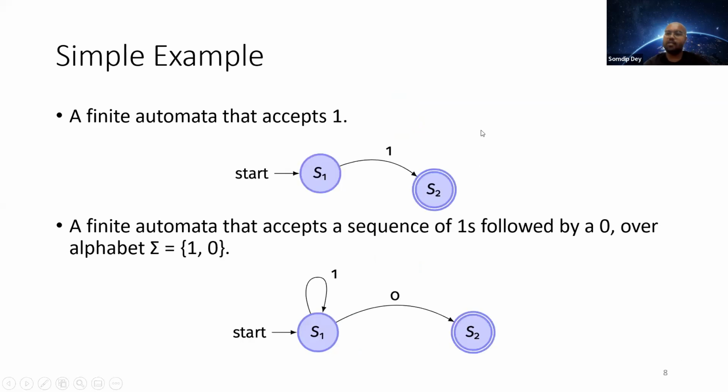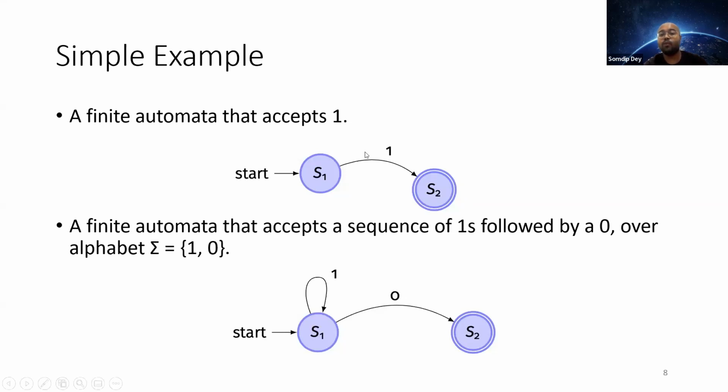Let's again take a simple example to understand this. This is an example of a very simplistic finite automata which accepts 1 as a string. Imagine 0 and 1 are the input signal in a computer machine, where 0 means the current is not flowing or the switch is off, and 1 means the current is flowing.